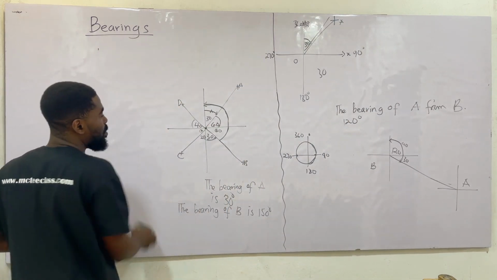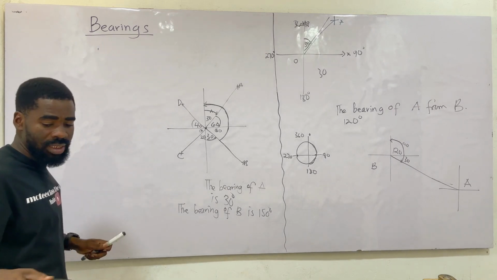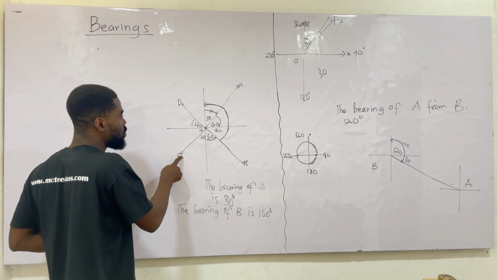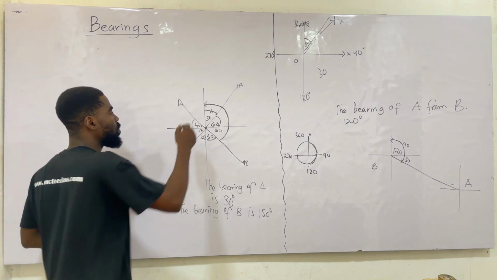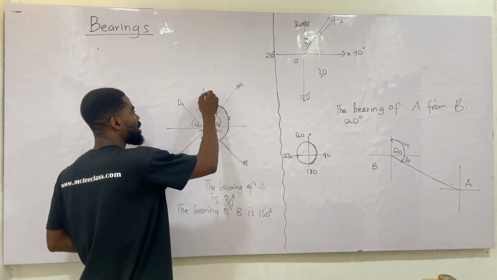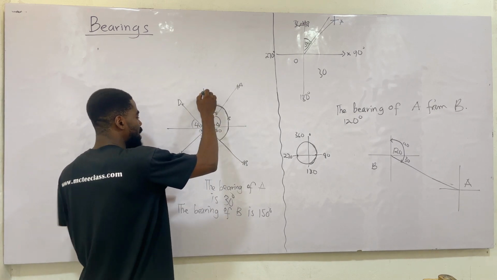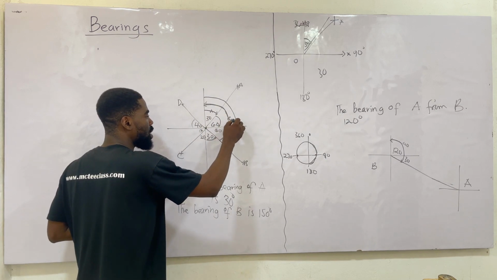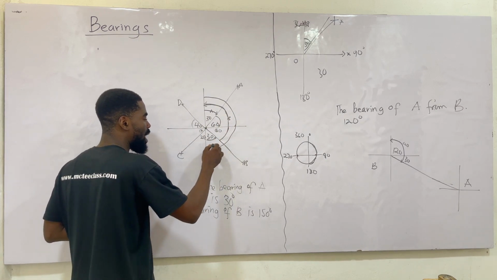Okay, now let's look at the other bearings. Now, bearing C. You can work this out with me now that you understand. Bearing C, what does it mean? It means we are going to C, once again from O. So let me put bearing B here for identification's sake. Then I start from here. Then I'm going to turn till I get to the path that goes there. So I'll move 90. I'm still not there. I'll continue to move another from here to here.